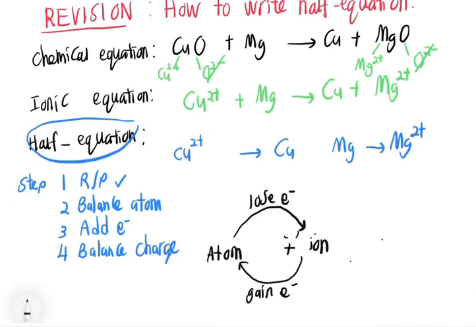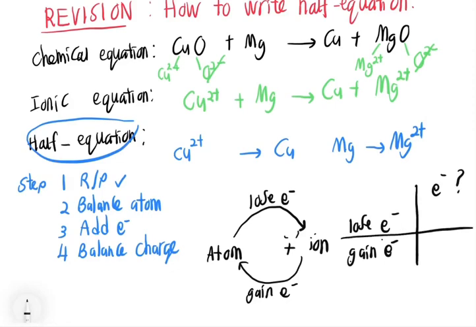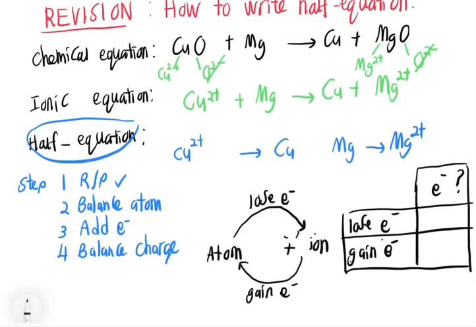So this table will help you. When we lose electron, the electron is no longer ours. We already give away the electron. So the electron must be written in the products.